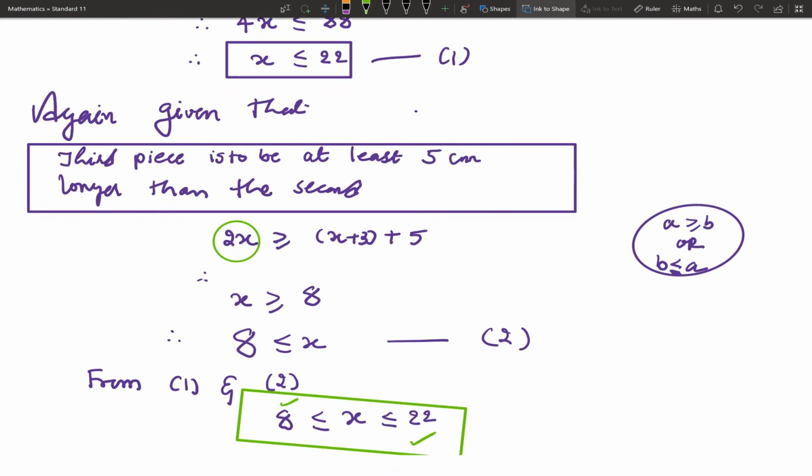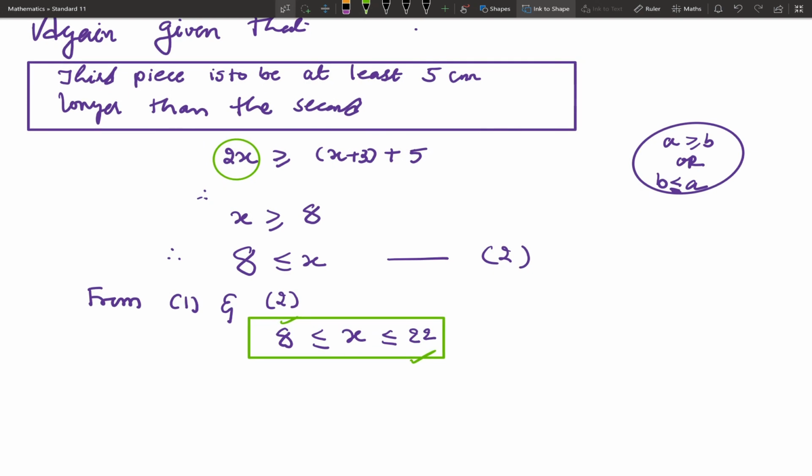So from 1 and 2, 8 is less than or equal to x less than or equal to 22, and therefore the interpretation is that x is the length of the shortest board. So the length of the shortest board should be greater than or equal to 8, but less than or equal to 22.